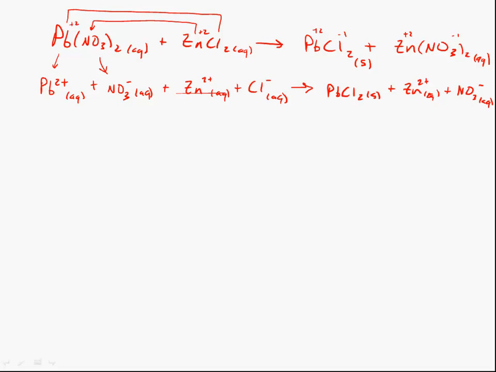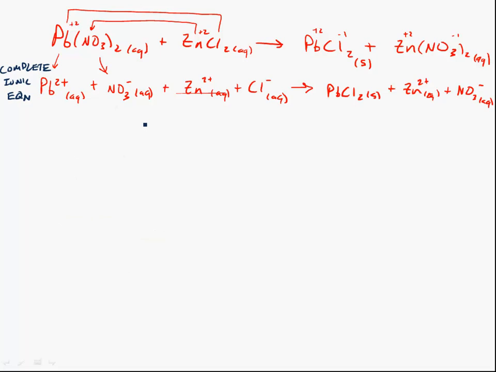Now, this elongated form, this really long equation, is called a complete ionic equation. So, we've got a complete ionic equation. Now, here's the thing.